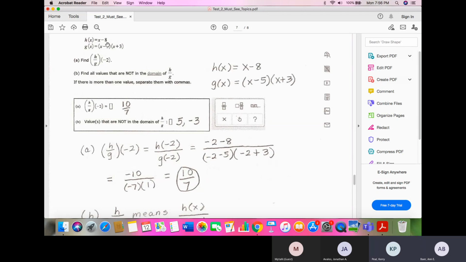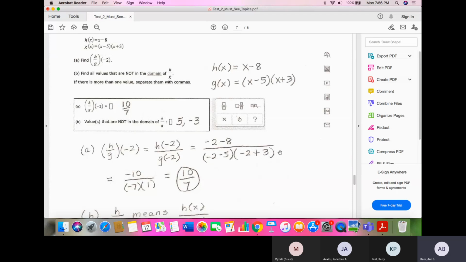And we get -2 minus 8, which is what we see here. g of -2 means we want the y coordinate of our g function at x equals -2. Our g function's right here, so we want to plug -2 in for that x, and this one too. So we get -2 minus 5 right here times -2 plus 3 right there.